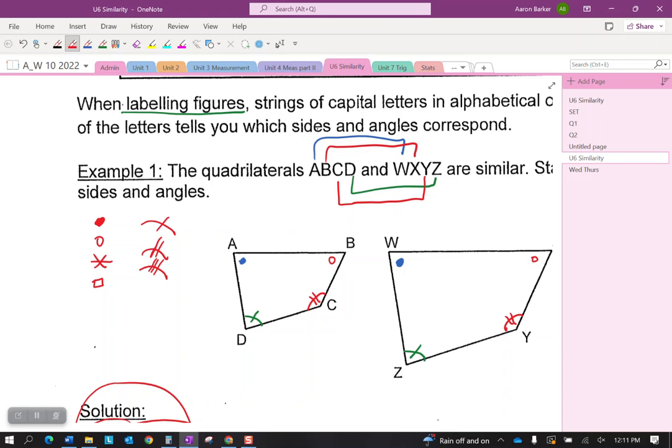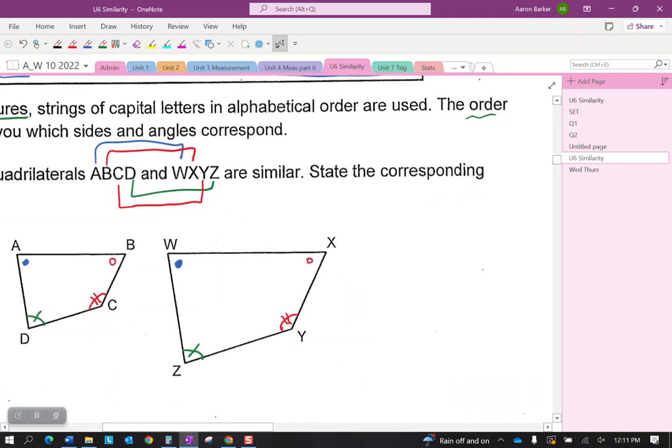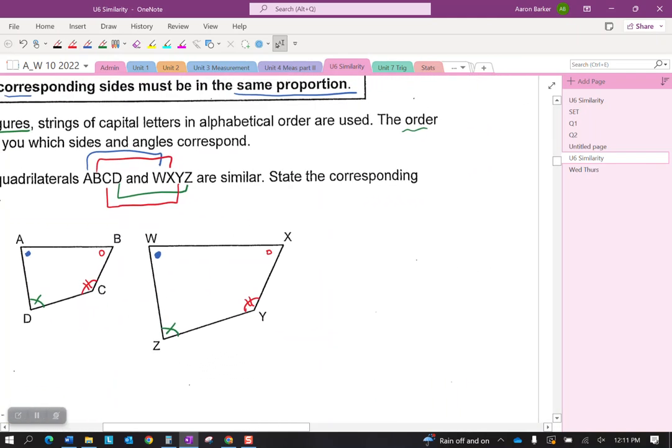Okay. Now, based on the names, I can also line up corresponding sides on top of each other. So let's say I wanted the right shape on top, then I put the left shape on the bottom. And there's four sides, so that tells me I'm going to have four equal ratios. Four equal ratios.